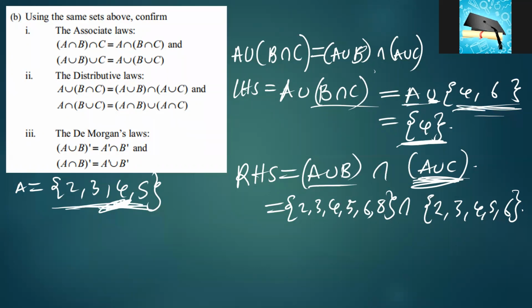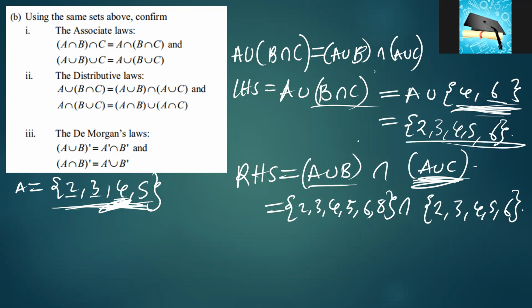I'm just surprised the solution that I'm getting here and the solution that we have written here are not matching. So we're supposed to combine the two sets. So combining these two sets, A and this one here, we're going to have 2, 3, 4, 5, and 6. So the solution will be 2, 3, 4, 5, 6.